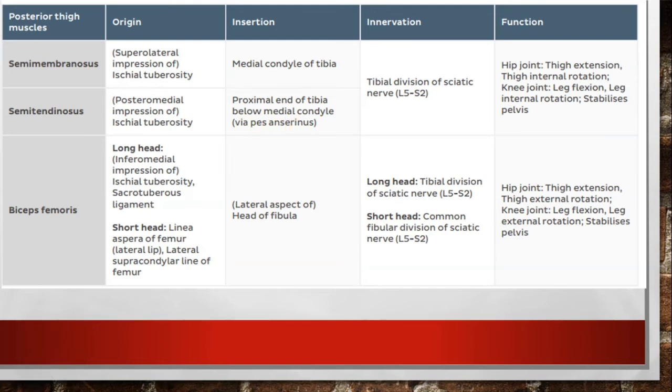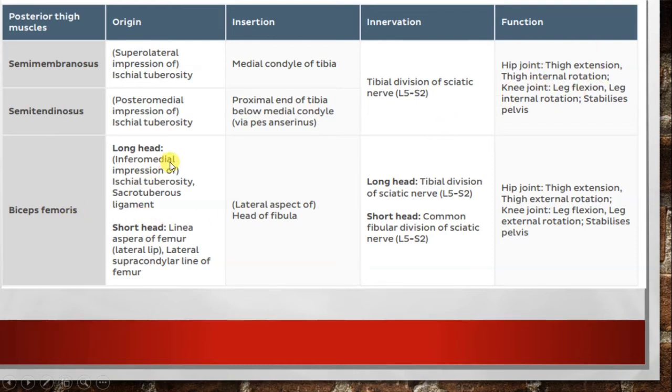So pes anserinus is basically a flap of tendons formed by three muscles. This is found on the medial side of the leg, or medial side of the tibia. The muscles involved in forming this tendon are semitendinosus, sartorius, and gracilis. Now the innervation is also the sciatic nerve and the function is the same.